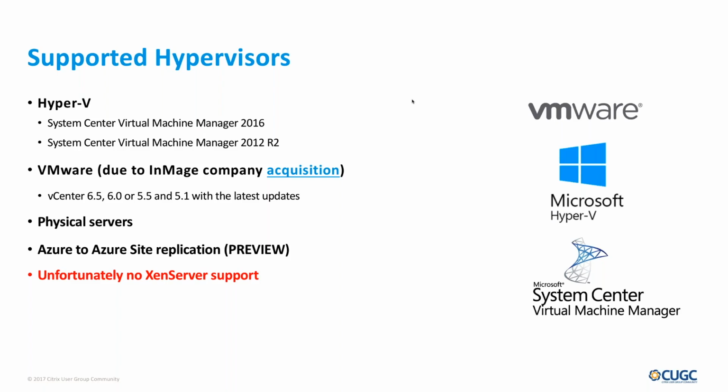So with that acquisition, Microsoft leveled up their strategy. So more people are now able to convert and migrate to Microsoft Azure, even when they are on a VMware hypervisor environment in their on-premise environment. So yeah, that's pretty great.